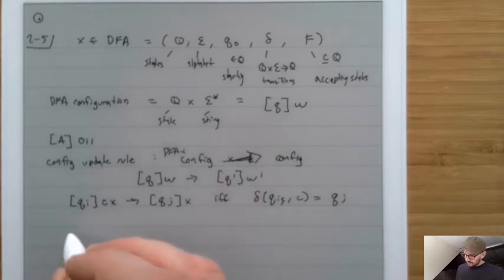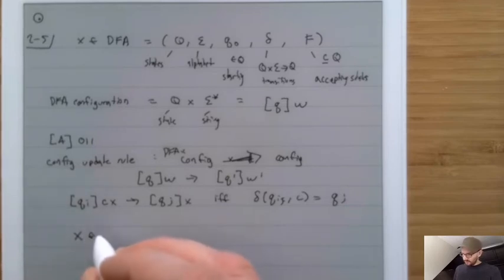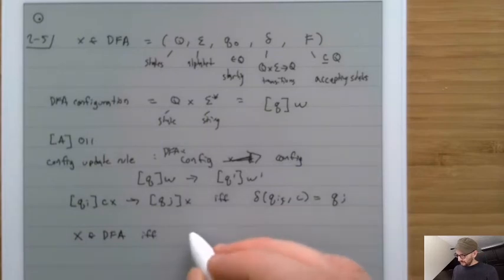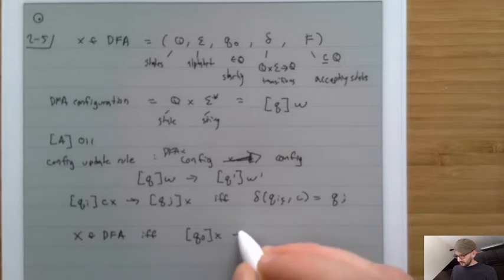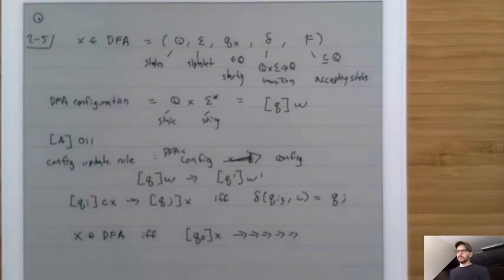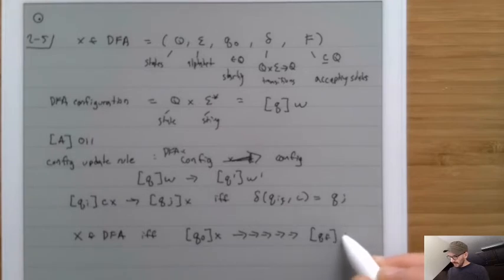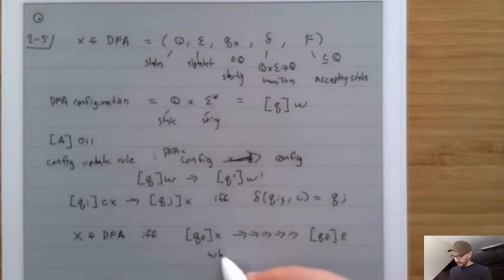Now, X is a member of a DFA if and only if Q0, that's the starting state, X, goes to, via the configuration update rule over and over and over again, QF epsilon, where QF is inside of big F. Now I know that that's a lot to take in.